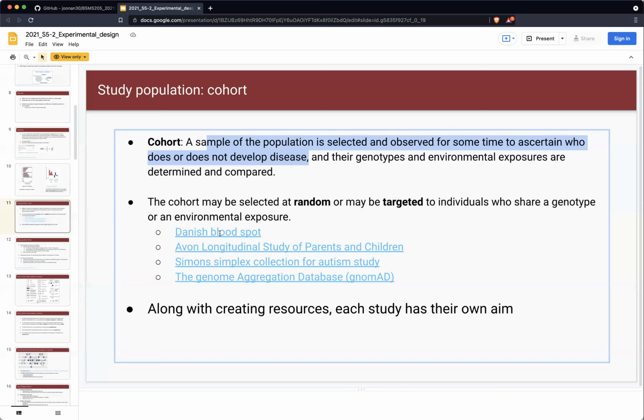If you find certain conditions or a certain disease, then you go back to the blood samples, do the genotyping, and see whether there is any mutation associated with this patient, right? And likewise, you have other types of information like the Avon study here, or the Simons Simplex Collection, which is only targeted for autism research. Or you can select it randomly, like the gnomAD study as we discussed previously.